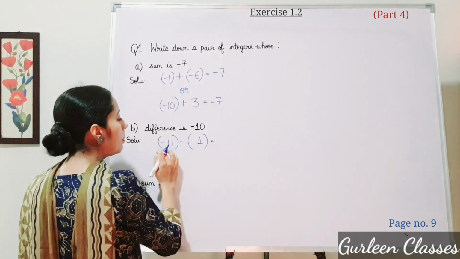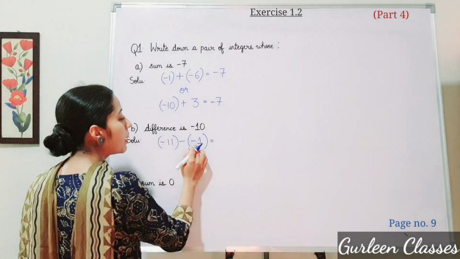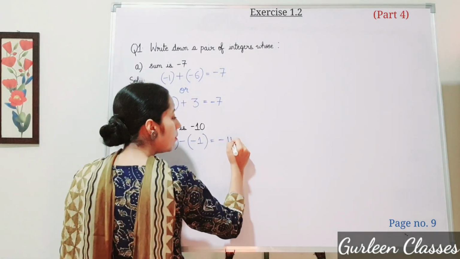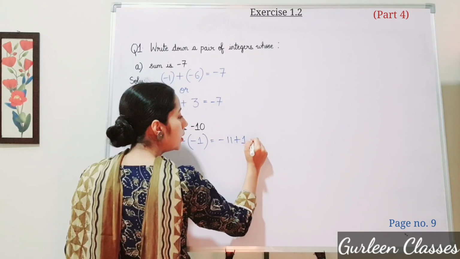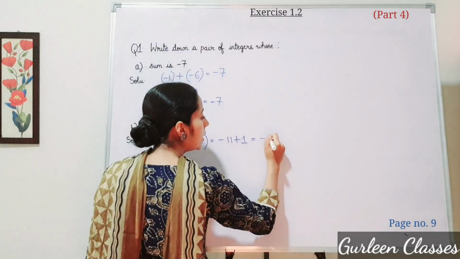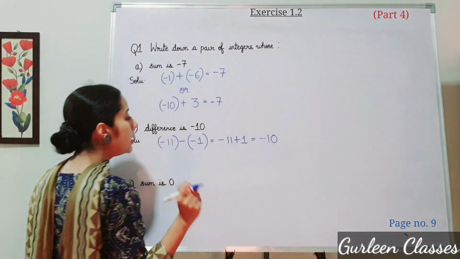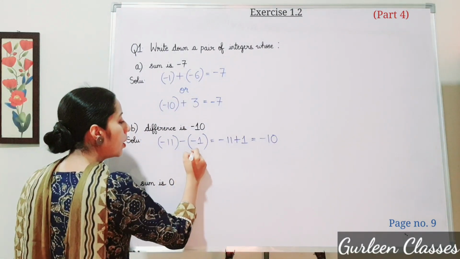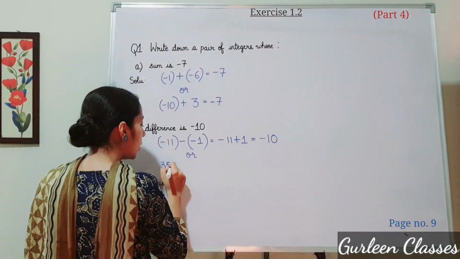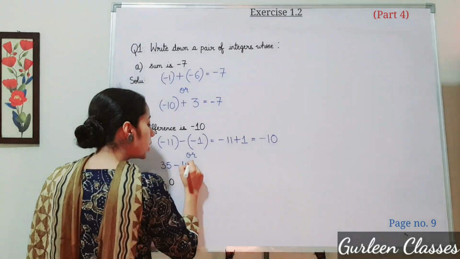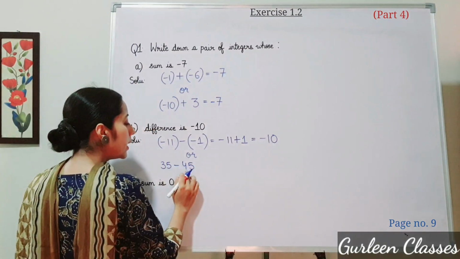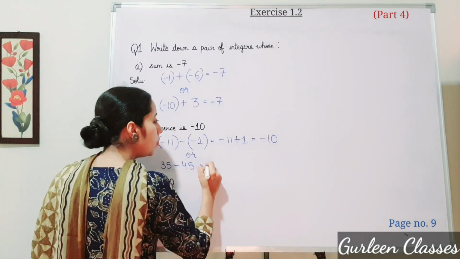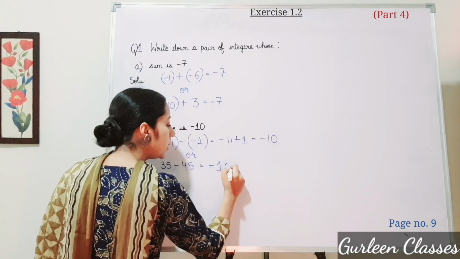So what will it be? Minus 11 minus minus, plus 1. Minus 11 plus 1. So the answer will be minus 10. Next we can take 35 minus 45. The greater number has the minus sign, so it will be minus 10.